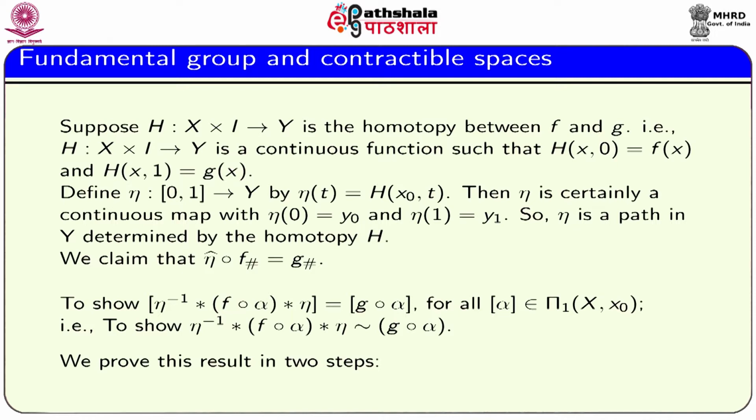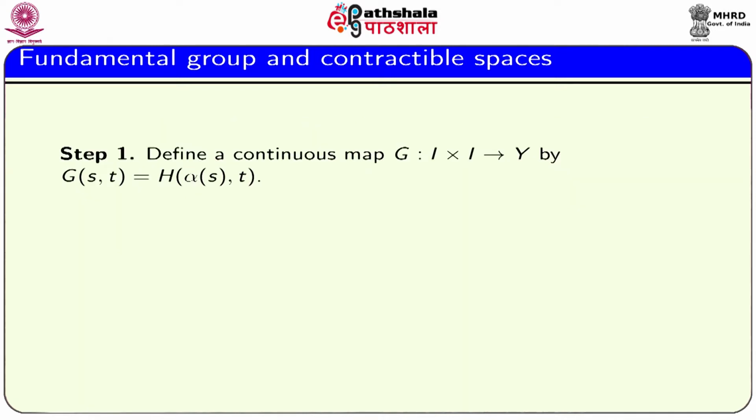So, we prove this result in two steps. First of all, in the first step, define a continuous function G from I cross I to Y by G(s,t) equal to H(alpha(s), t) for all s and t in the closed interval I.